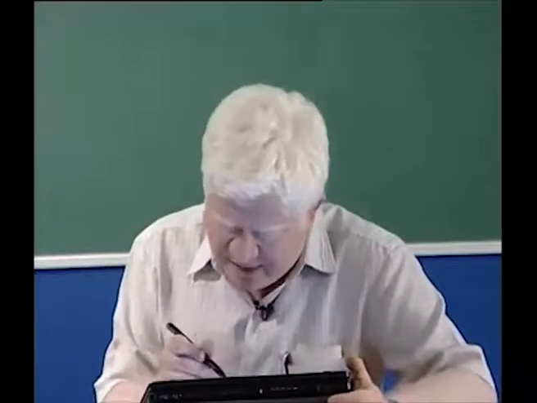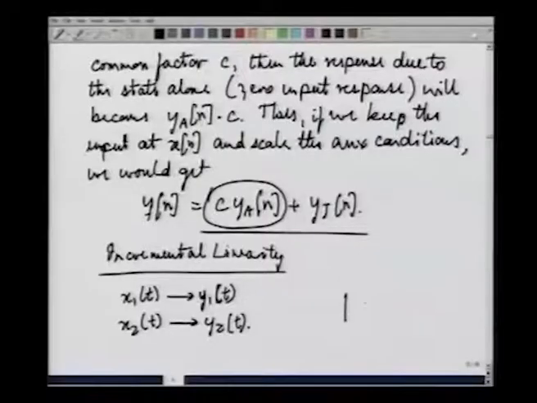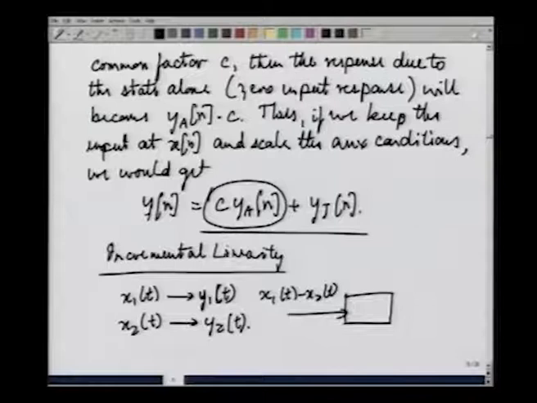What we are saying is, let us pretend that we have this system and the input is x1(t) minus x2(t), so that the corresponding output is y1(t) minus y2(t).